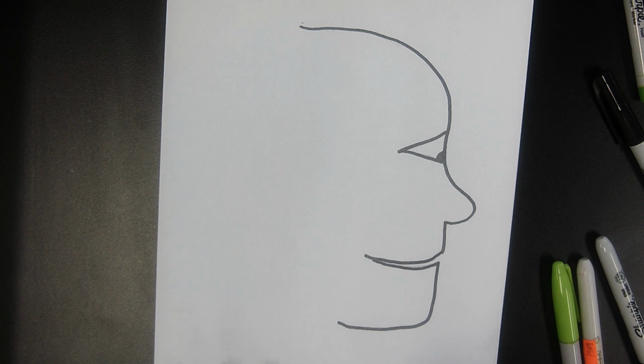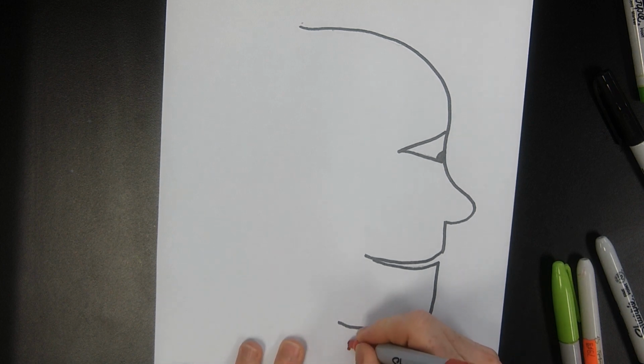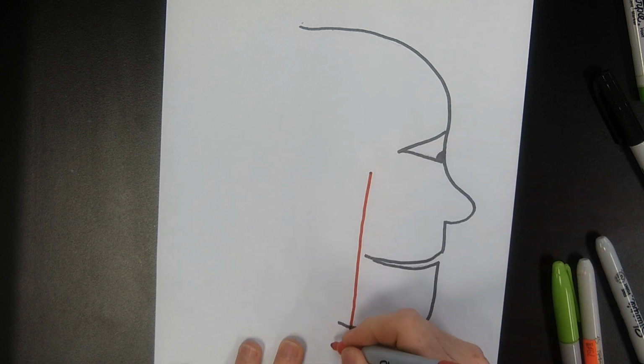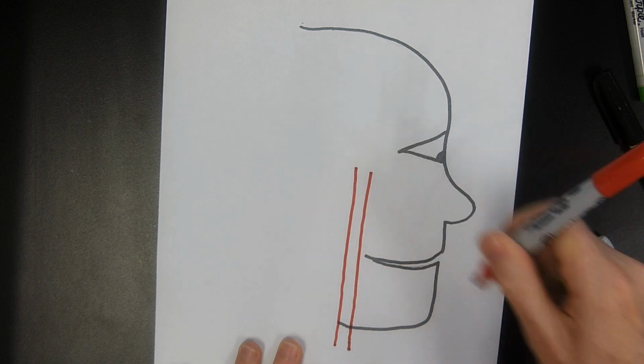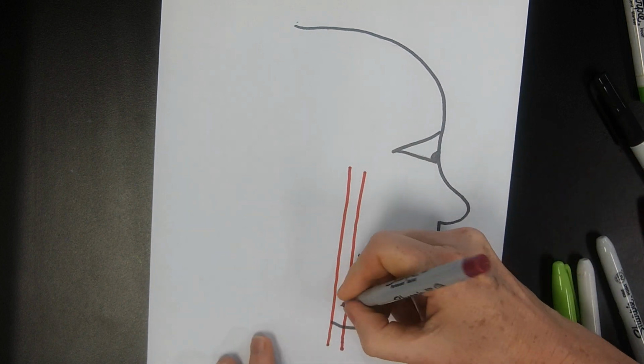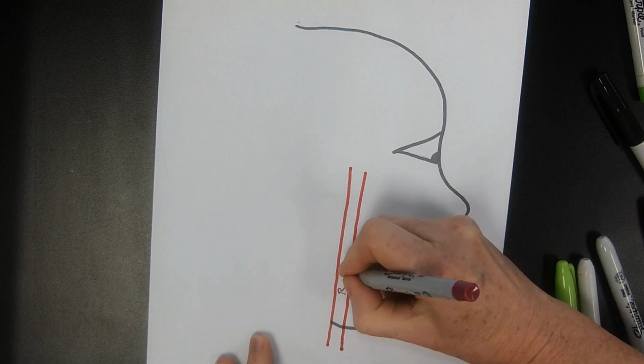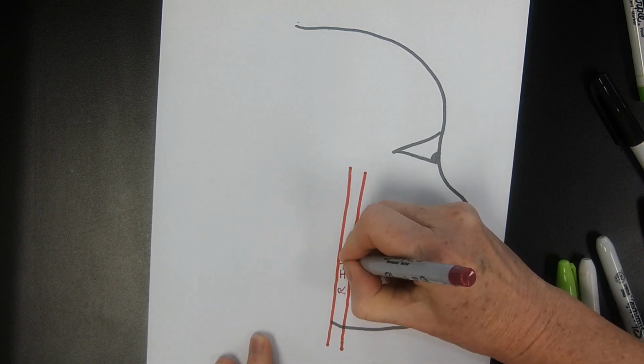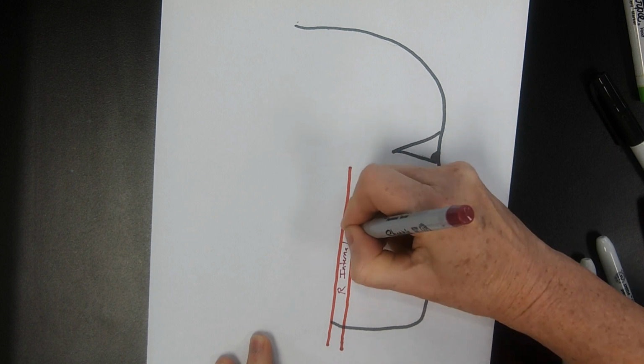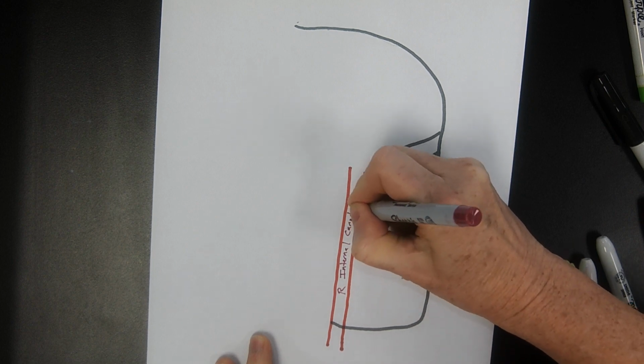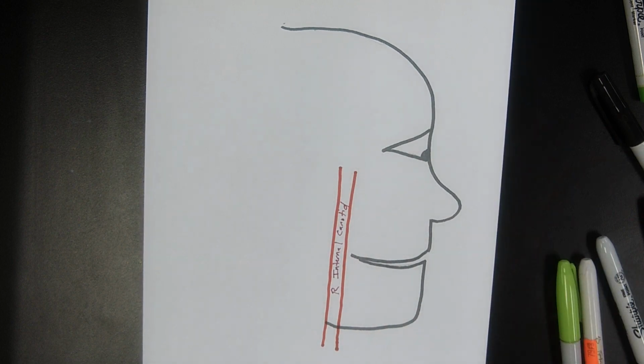So what happens is the right internal carotid, and I'll label that here, right internal carotid, rises up. It's a continuation, and this is the red color, so this is going to supply the anterior portion of the brain with blood.